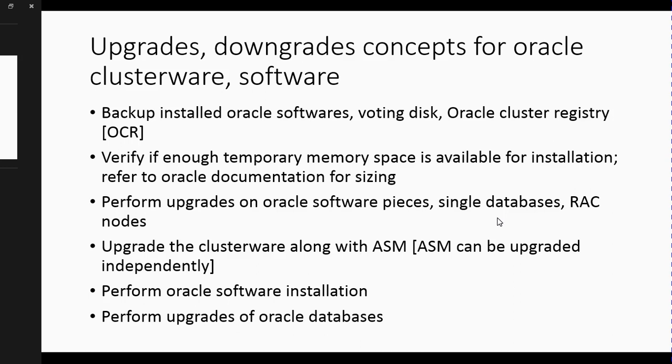They do not have to be upgraded at the same time. You can upgrade the Clusterware, leave the ASM as it is, and then figure out if you want to upgrade the database. I want to go into the details of the different configurations with those components that I've just gone over.